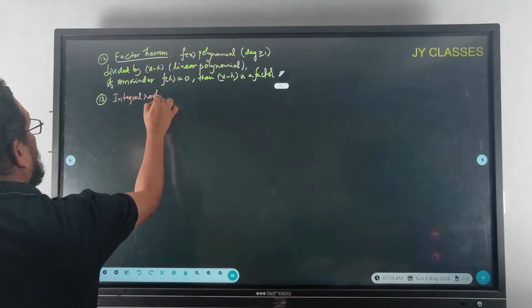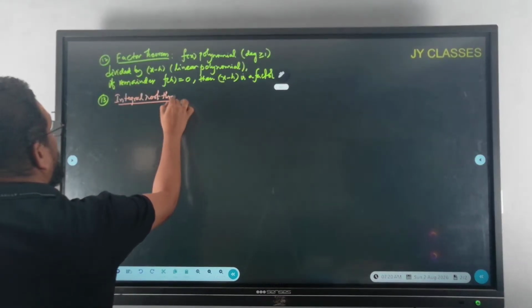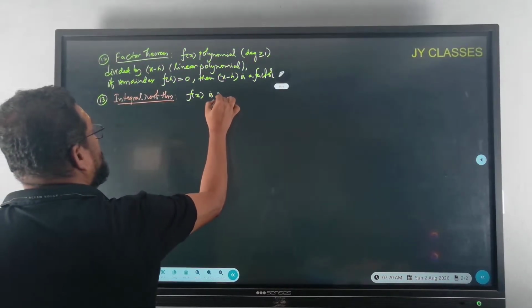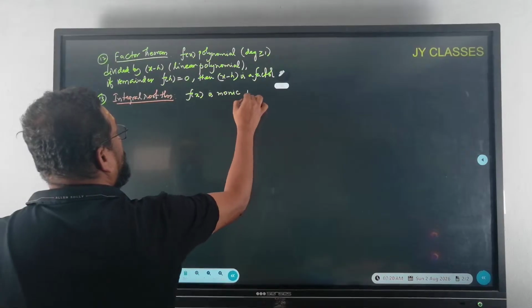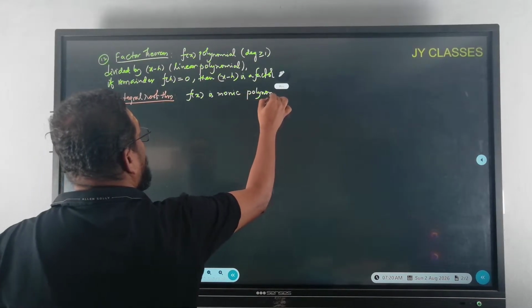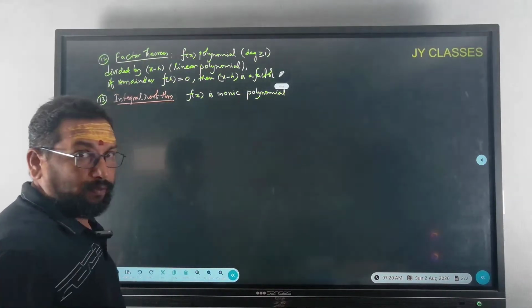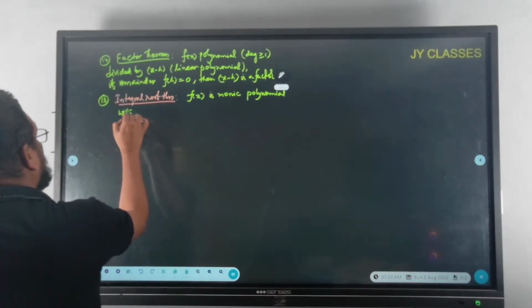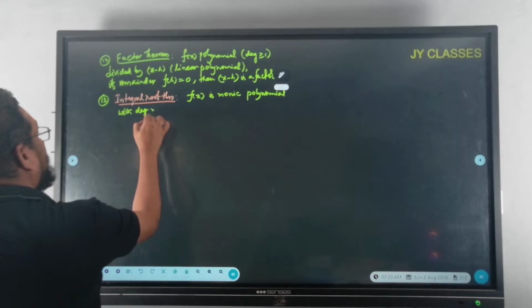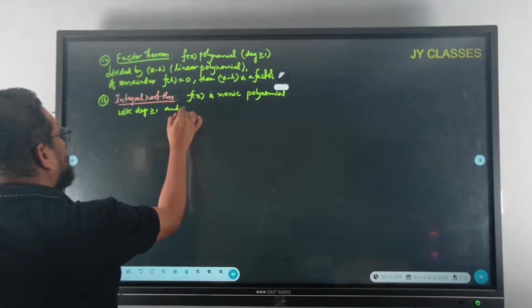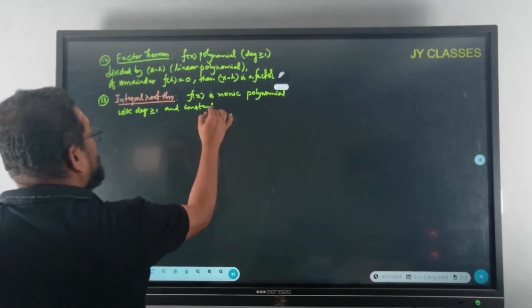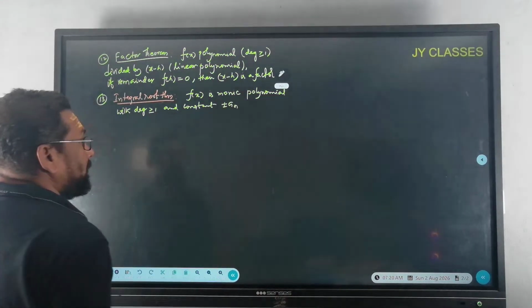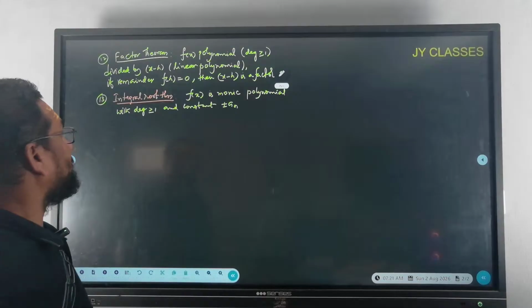Integral root theorem. F of x is a monic polynomial with degree greater than or equal to 1 and constant term plus or minus an.